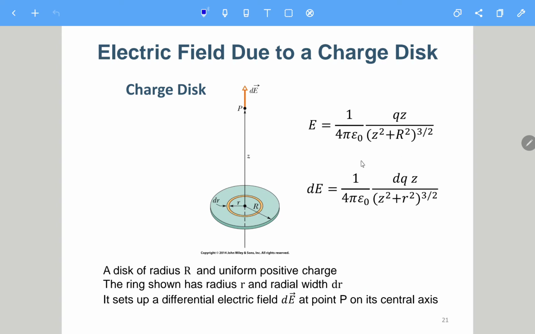We still need to separate this disk into many small parts. When you learn calculus, maybe you have learned integration to find the area of a circle.